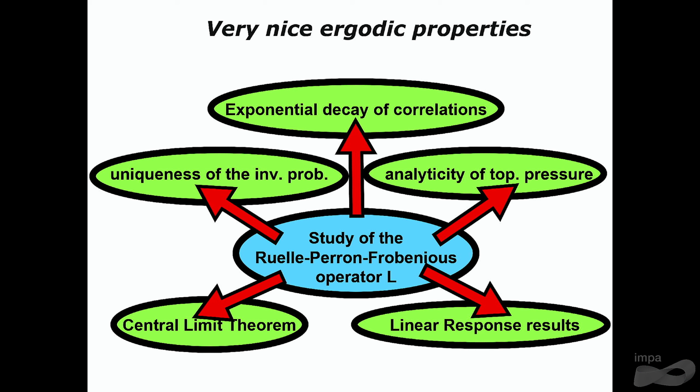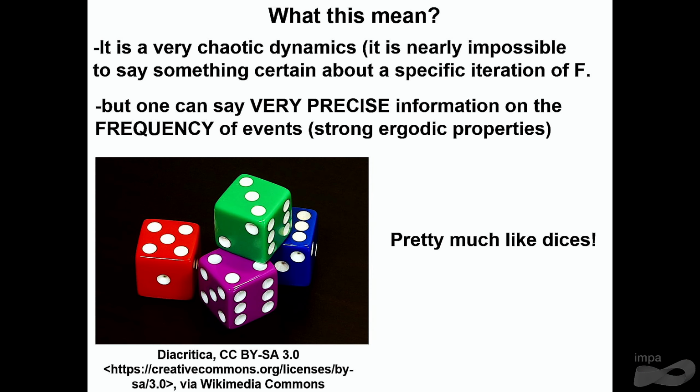I'm not saying that these implications are trivial. Some of them are very complicated. For instance, proving the central limit theorem with this operator argument is really complicated, but the method is very well known, so you can adapt it to more general situations. What does this mean?